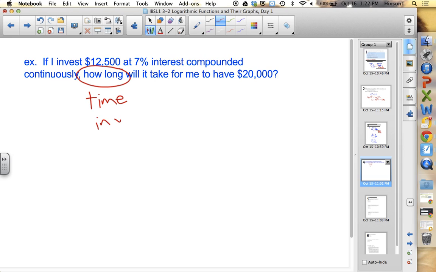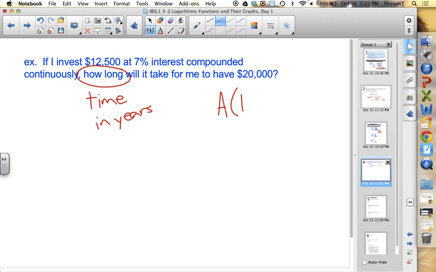Now, look up the formula that we looked at the other day, and see if you can get the equation set up. A of t equals P e to the rt.